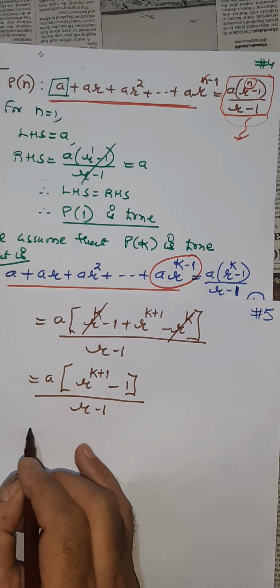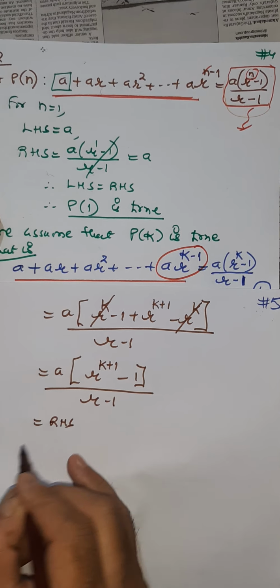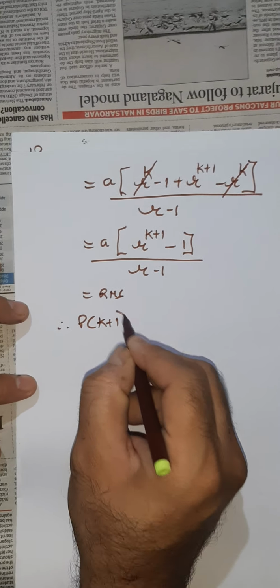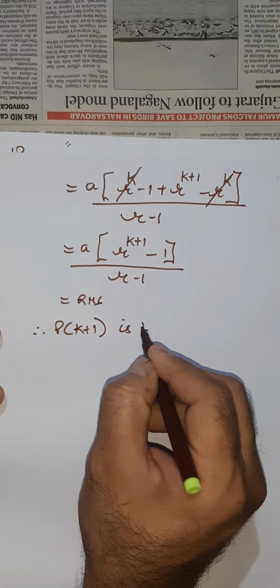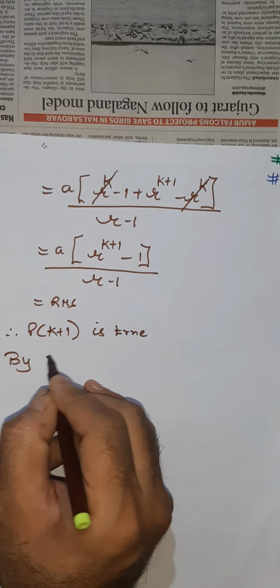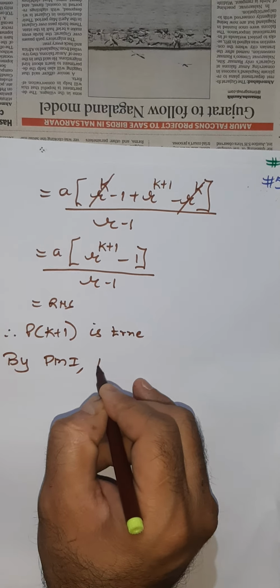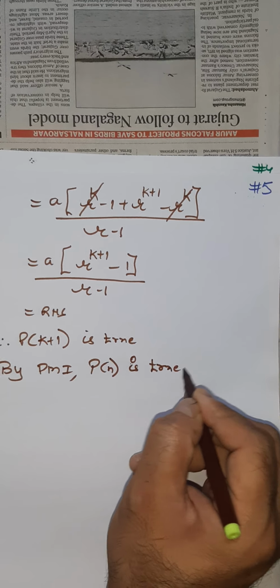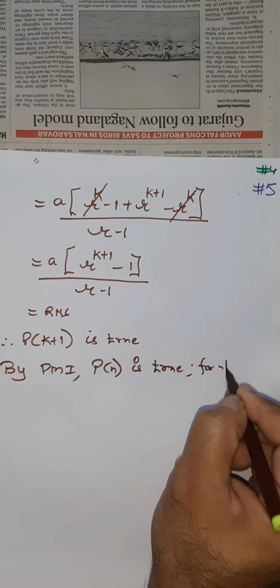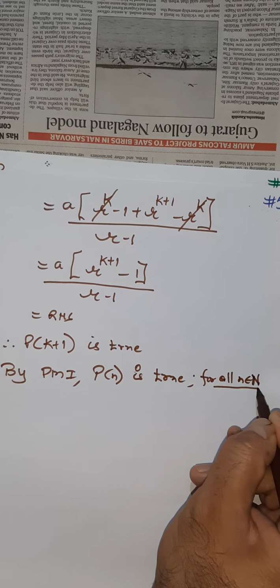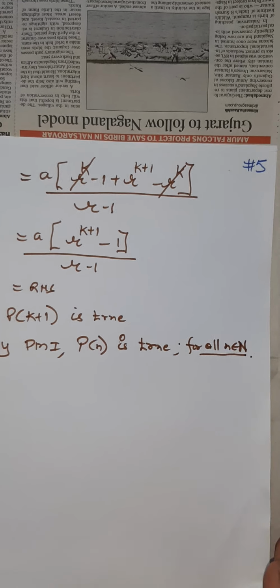Okay, so this is your RHS here, and therefore I can write P of k plus 1 is true, and therefore by PMI, principle of mathematical induction, P of n, the given statement, is always true for all n belongs to N. So the given statement is always true. Okay.